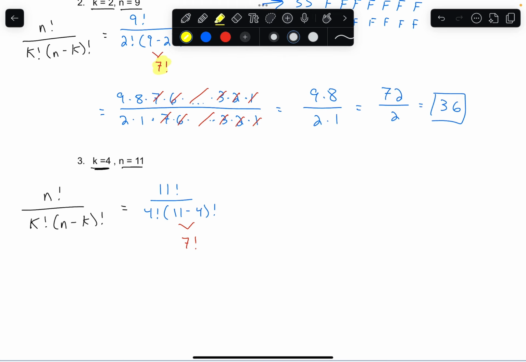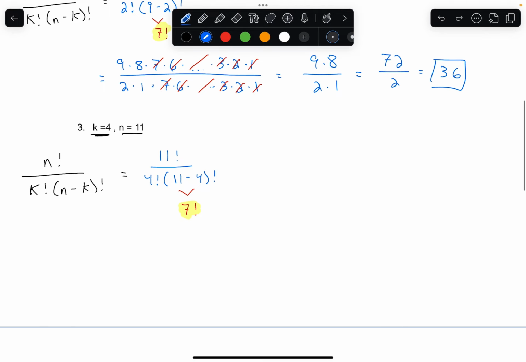I'm going to just take a peek at the denominator, and I see 7 is bigger than 4, so I'm going to try and cancel out that 7. When I go to write out my numerator, that 11 factorial, I'm going to try and work my way at least to that 7. So 11 factorial would be 11 times 10 times 9 times 8 times 7 times 6 times 3, 2, 1.